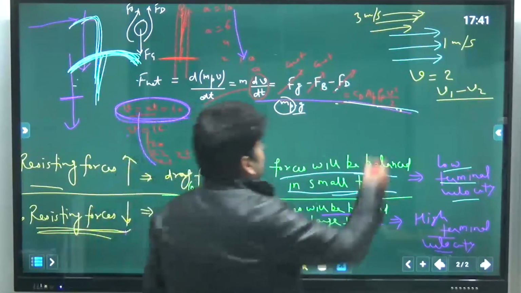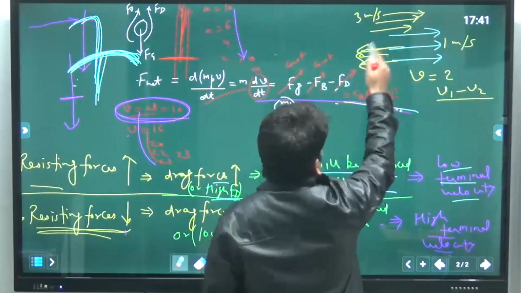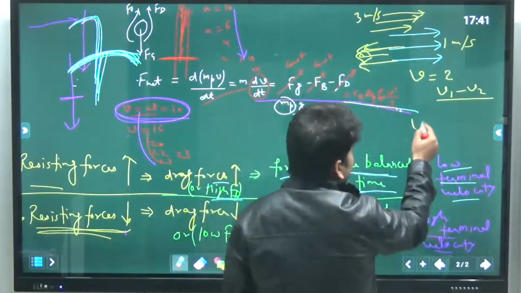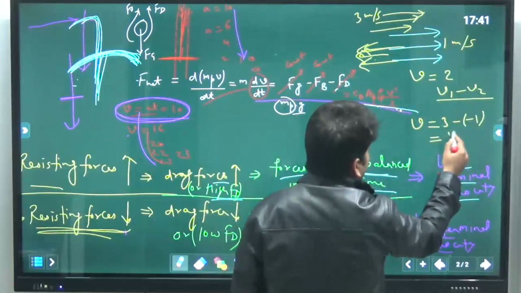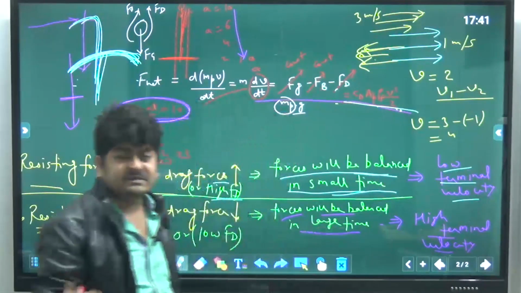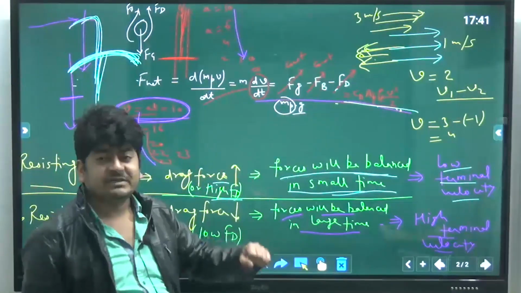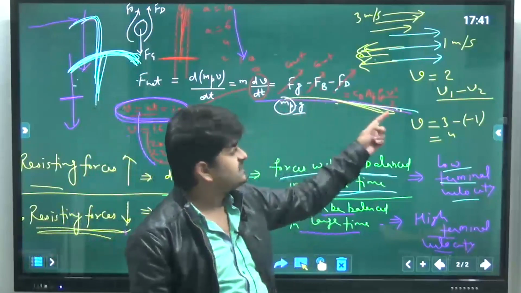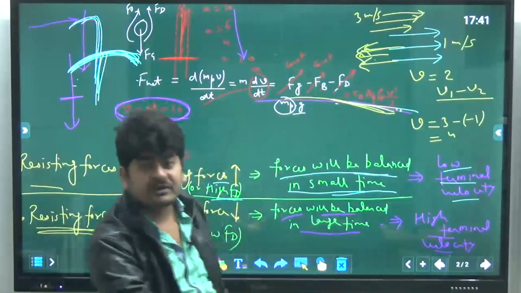But if you want to swim, raft, or paddle your boat in the opposite direction, in that case your relative velocity will be 3 plus 1, that is 4. Means relative velocity will be high. And if relative velocity is high, obviously you have to put in extra effort to move in the forward direction.